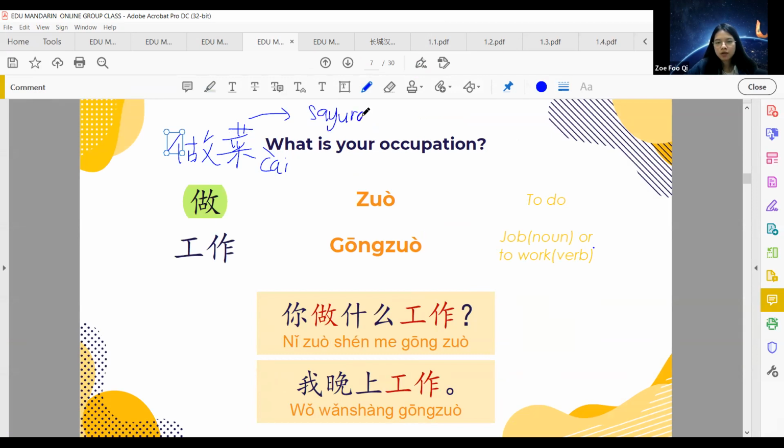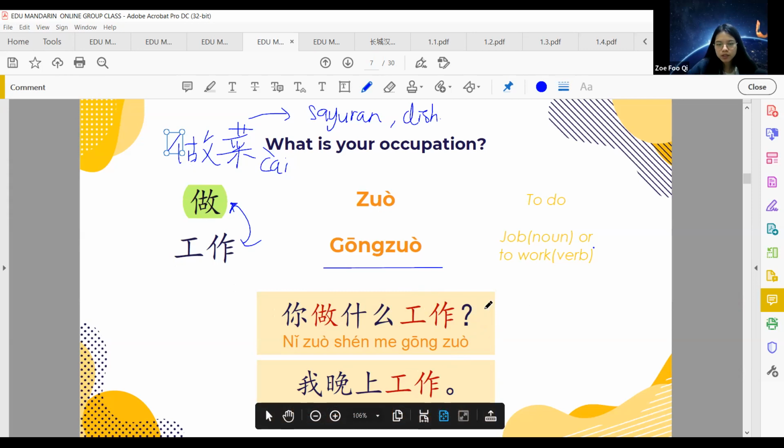To make some food, or this one will be like dish. So 做菜, or this one is to do something. So this one is 做, and then this one is 工作. This one is a different word if you learn the Chinese character, but the same pinyin. So this one is 你做什么工作? Okay, what is your job?